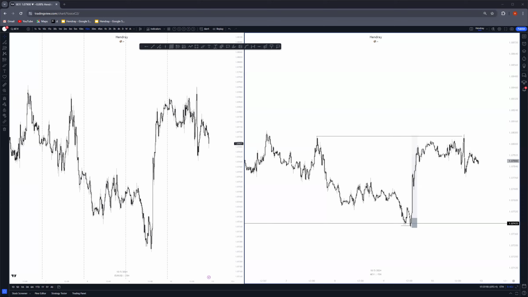The concept of liquidity only comes from which particular high or which particular low is attracting price to itself. What is calling price to itself? Decreasing offer and increasing bid. Okay, so what is calling price to itself?